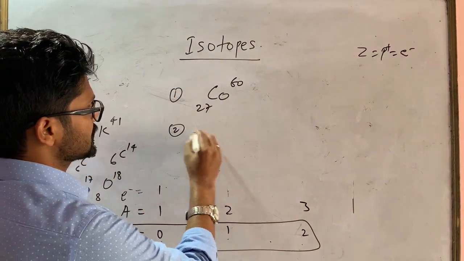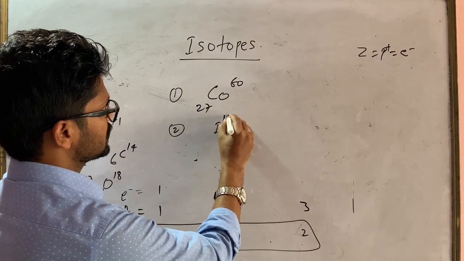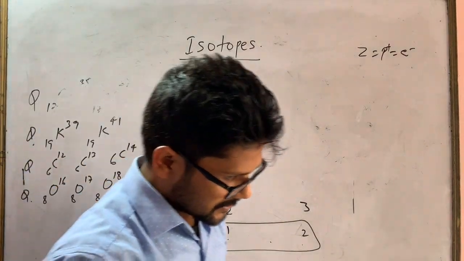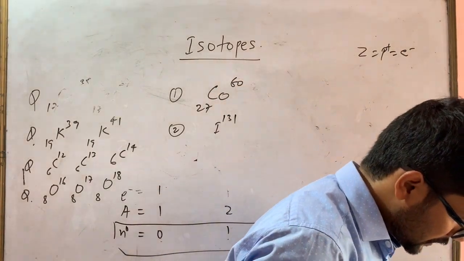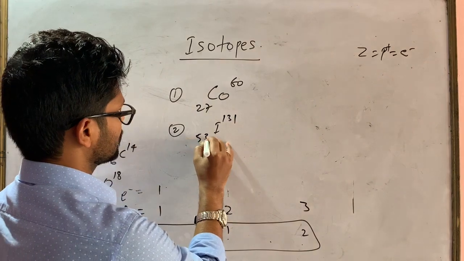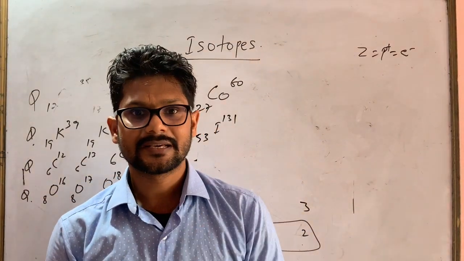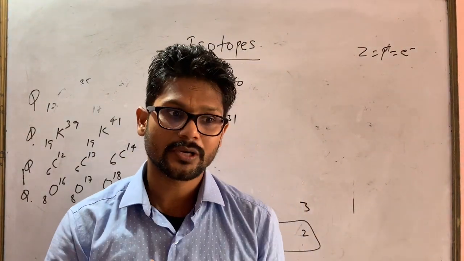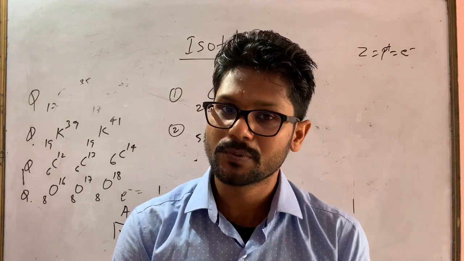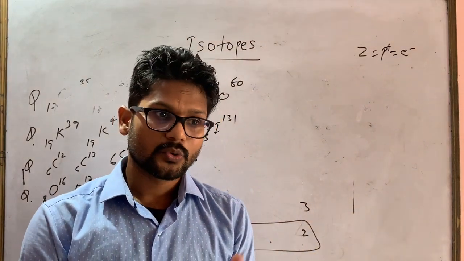So the answer will be cobalt 27, 60. More uses: iodine. Iodine is 131, and its atomic number is 53. You know that this is goitre. You have studied it in physics in relation to the thyroid. Those who are not taking iodine in a proper quantity suffer from the disease goitre.